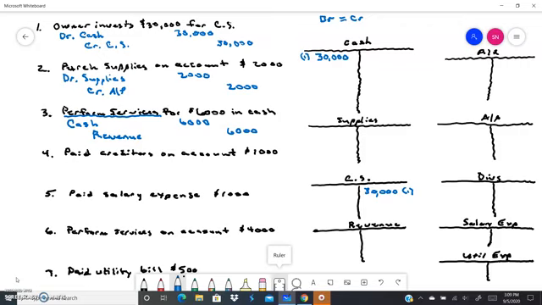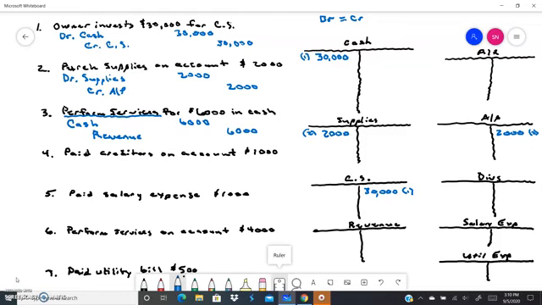So again, we have cash. Whoops, we forgot to make the second entry. So supplies, for entry 2, we have $2,000. And accounts payable, credit for $2,000.